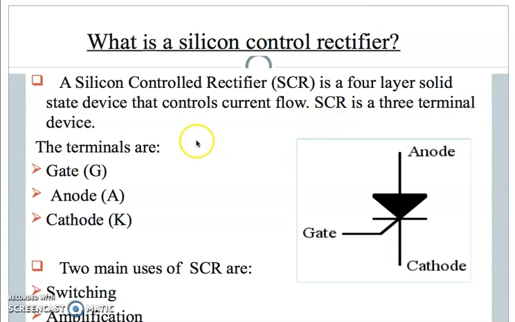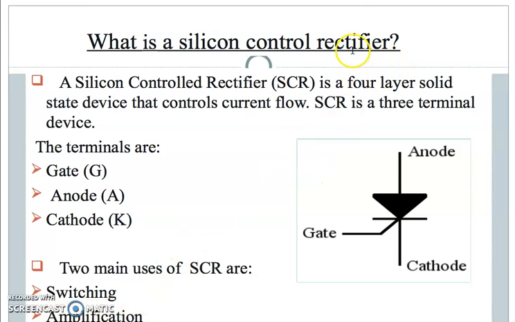Let us see what the 3 terminals of the SCR are. They are the gate, the input terminal, the anode, the output terminal, and the cathode. Cathode is usually grounded. It appears at the input and output circuits together. And the main uses of SCR are in switching and amplification.